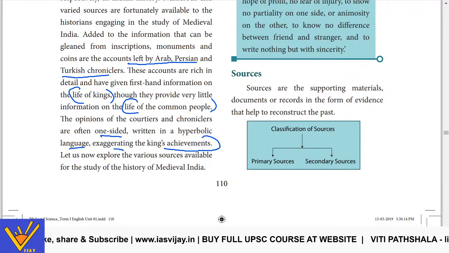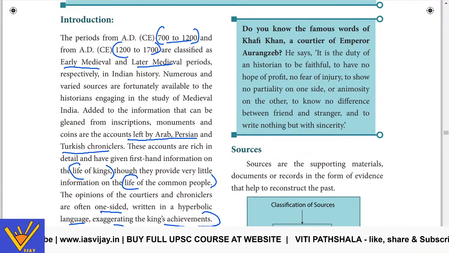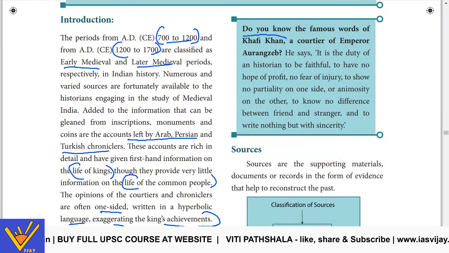Now it says, do you know the famous words of Khafi Khan? Who was Khafi Khan? Khafi Khan was a court historian of Aurangzeb.